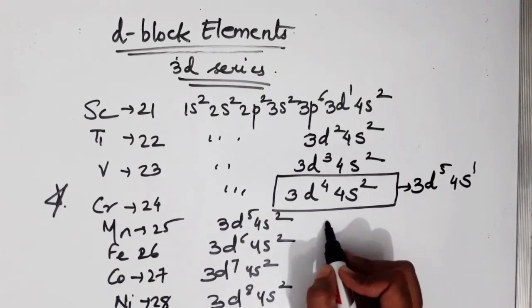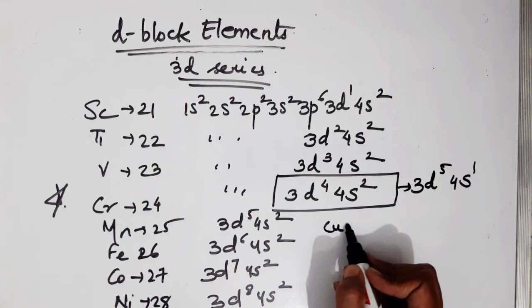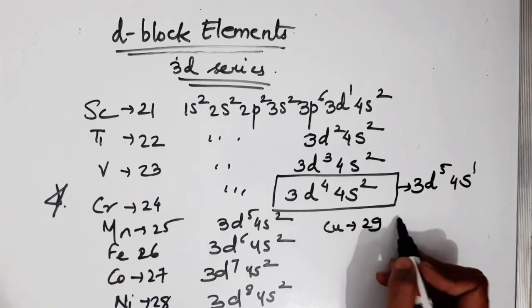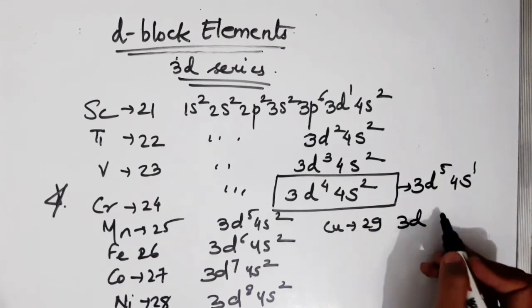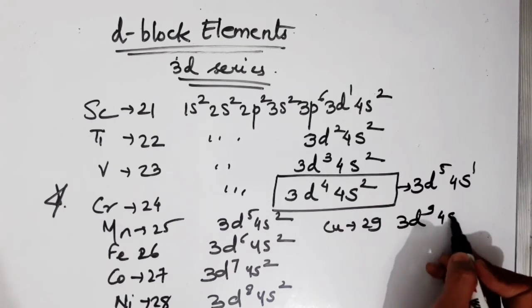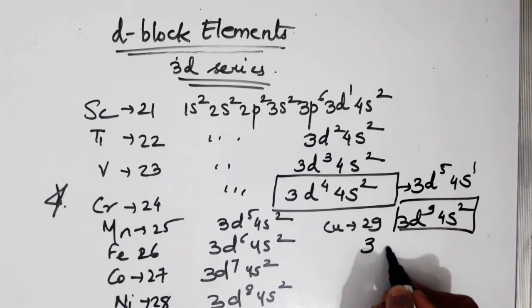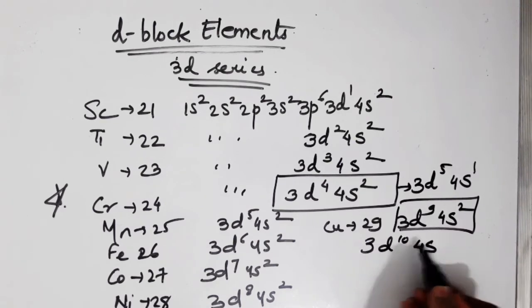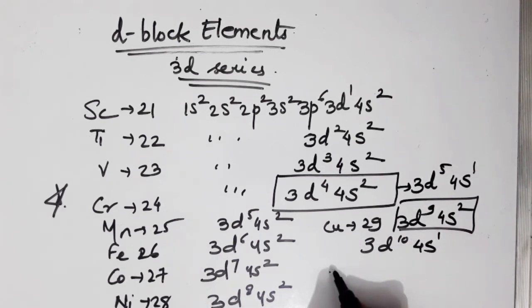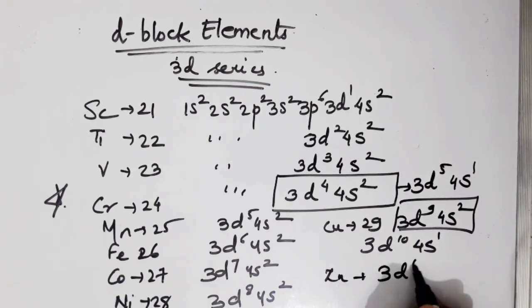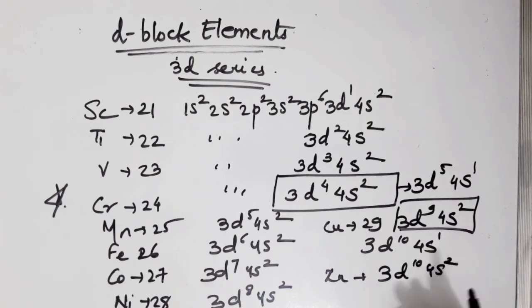Then we have copper, atomic number 29. This should have been 3d9 4s2, but the original configuration is 3d10 4s1. And the last is zinc, 3d10 4s2. So these were the electronic configurations of the elements according to the general formula.